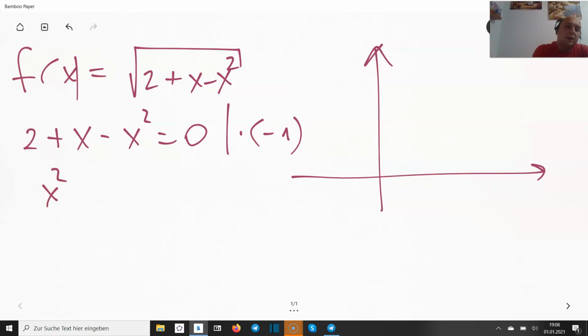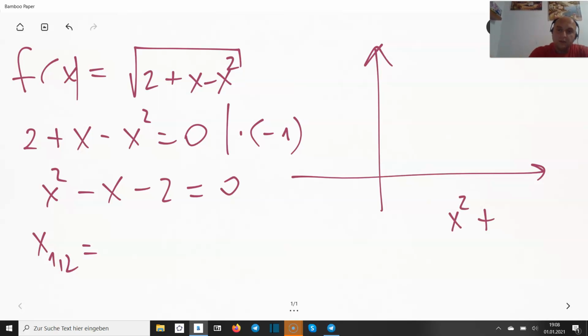It's x squared minus x minus 2 equal to 0, and now it's a kind of shortcut of the ABC formula. x1,2 is equal to minus p divided by 2, where p is the coefficient in front of x in x squared plus px plus q, in this case minus 1.